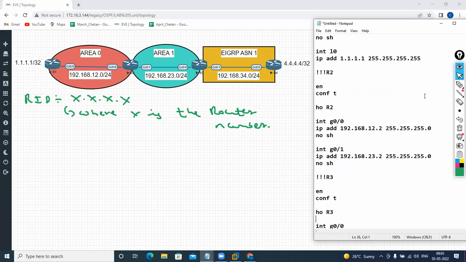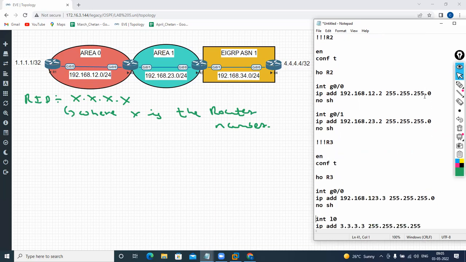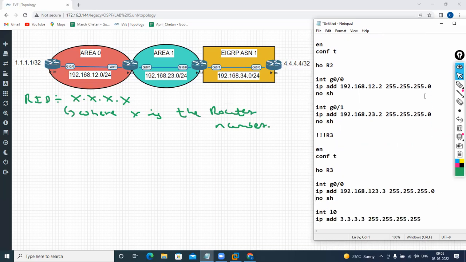So on R3, G0/0 will be 192.168.23.3 and G0/1 will be 192.168.34.3.